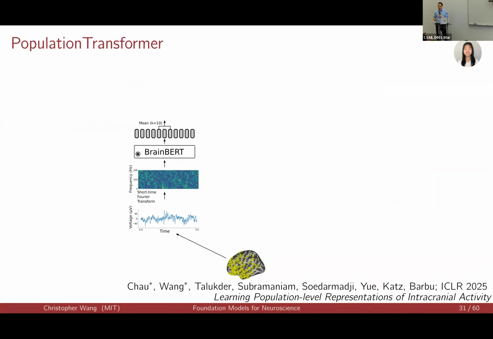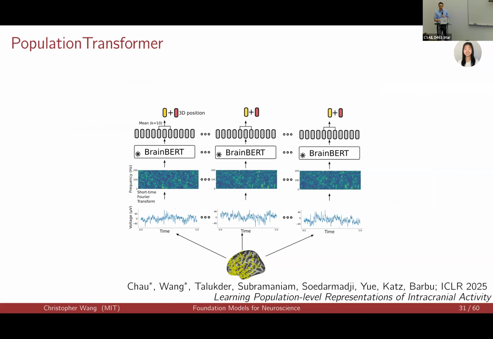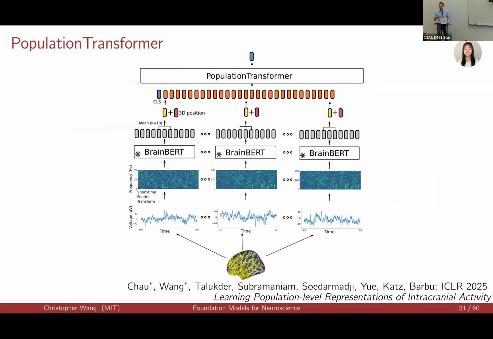And the way the population transformer works is each electrode's worth of data is represented by BrainBird. So one BrainBird embedding per electrode, and we augment that embedding with the electrode's 3D position. All of this becomes input to yet another transformer, the population transformer. And this learns a representation for the ensemble of electrodes.